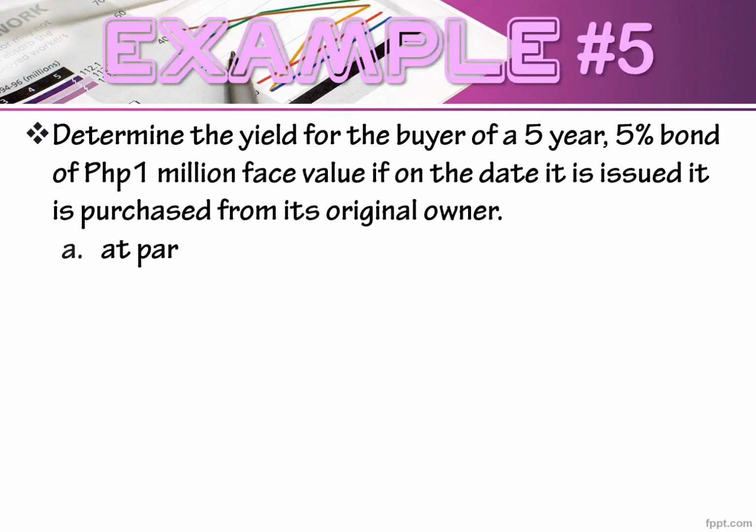Okay, this time let's compute for the yield. Determine the yield for the buyer of a 5-year 5% bond of 1 million pesos face value if on the date it is issued, it is purchased from its original owner. The first one is par. So the yield is equal to the annual interest divided by P, the purchase price.